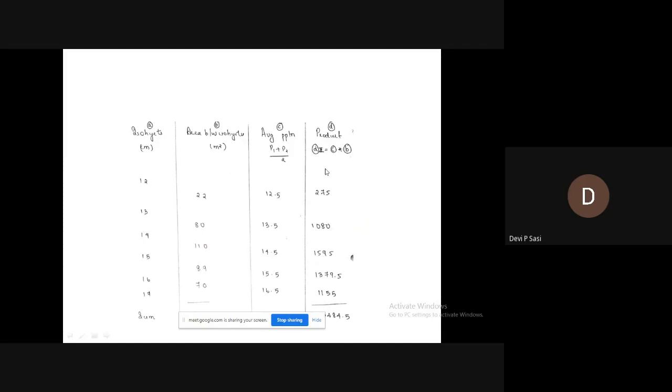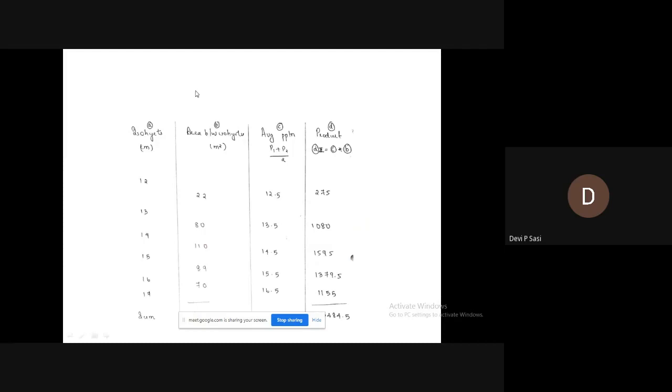Now the next step, you find the sum of area and the sum of the fourth column, that is sigma A into (P1 plus P2) by 2. Once more, the second column is the area, the third column is (P1 plus P2) by 2, and the fourth column is second column into third column, that is A into (P1 plus P2) by 2.